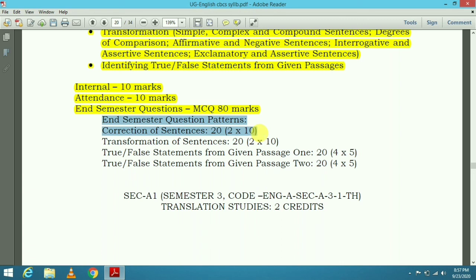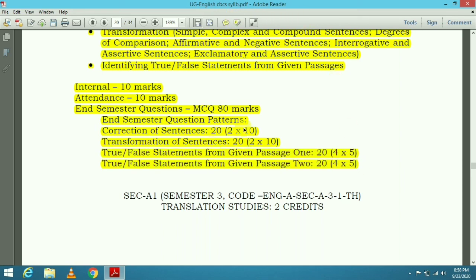So there will be 2 types of questions there, and each one will comprise 10 marks. So that means 2 into 10, 20 marks. Transformation of sentence, the marks pattern is also the same here, 2 into 10, 20. True or false statement from given passage, there will be 4 questions, 4 into 5, 20. And in the second, the marks division is the same as before.